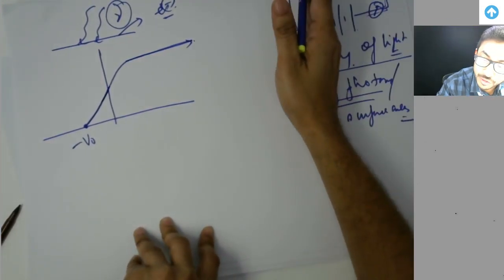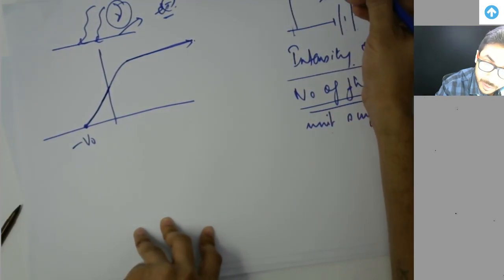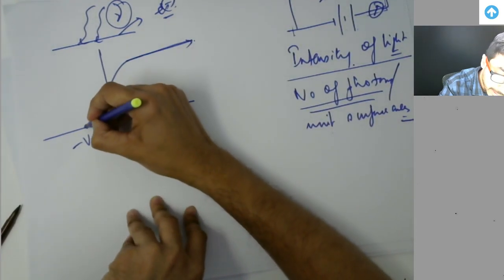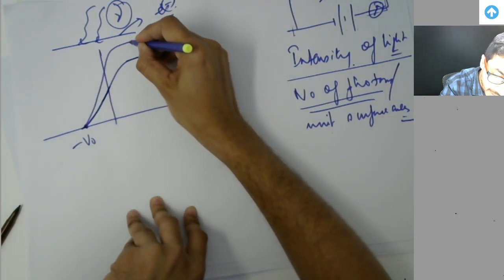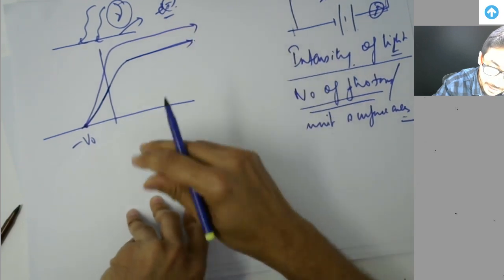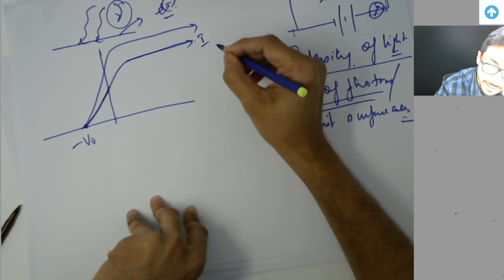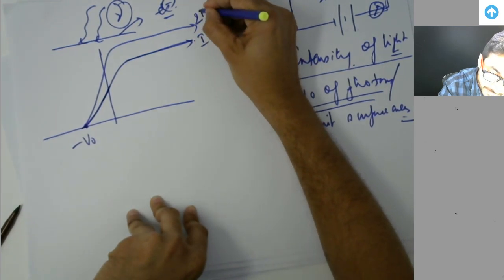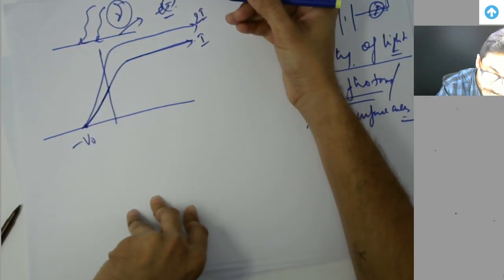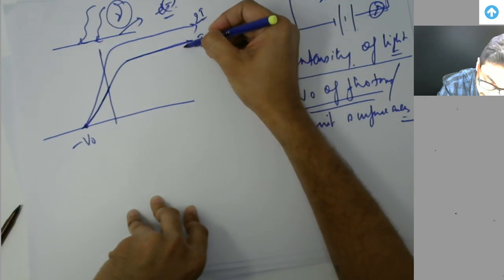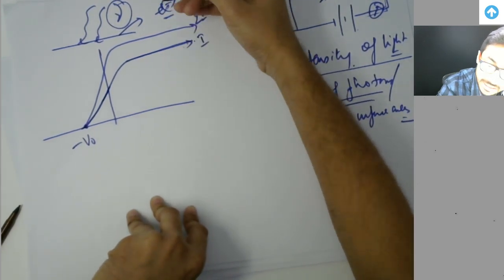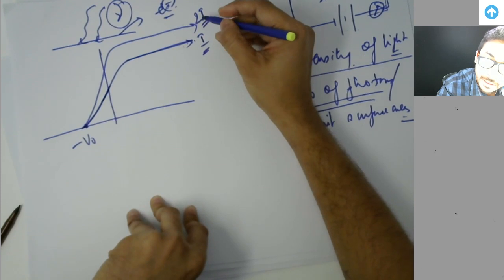When more electrons are emitted, what will happen? The current will also increase. So if this is the intensity I, and if it is double intensity, we can see that the current has increased because of this intensity.